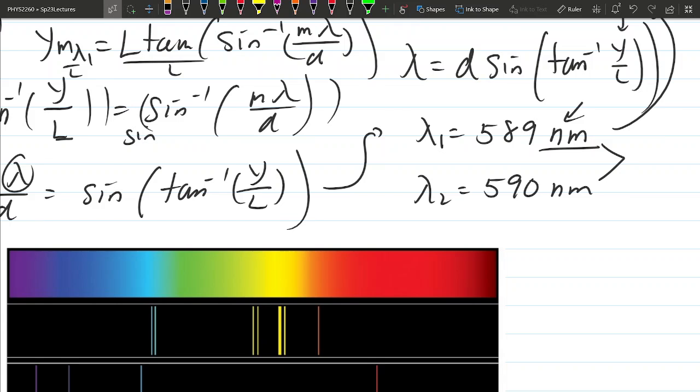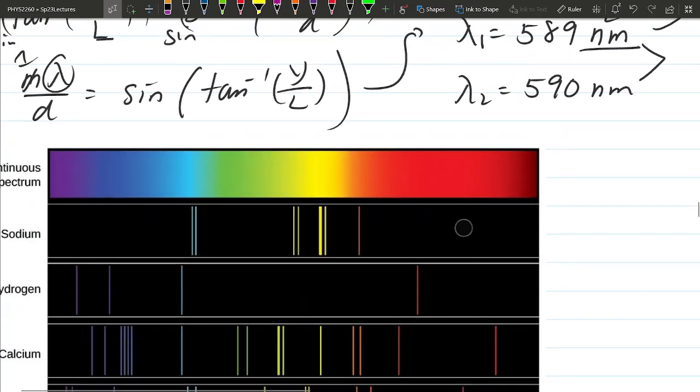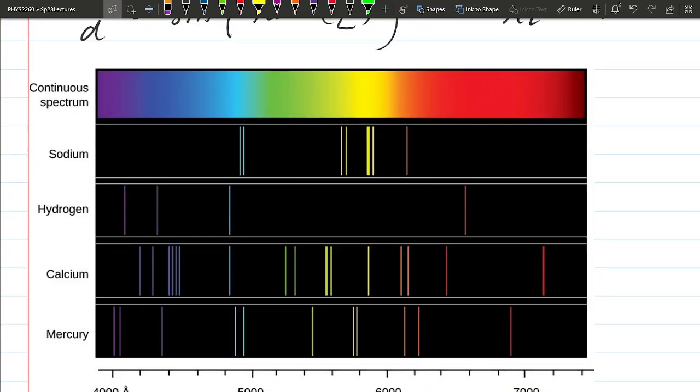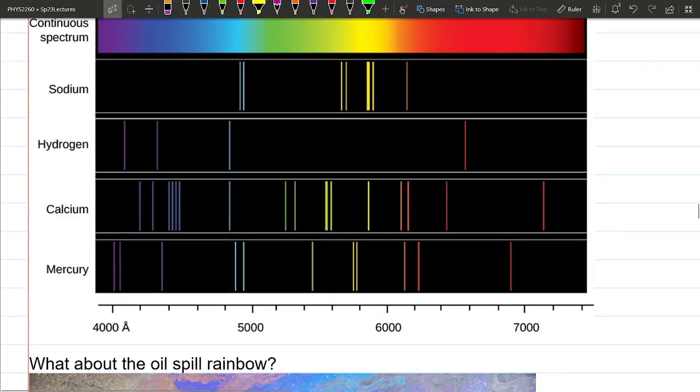So these two wavelengths are actually just 1 nanometer apart. We're actually able to see that by just applying a diffraction grating to it and measuring the difference on the order of a millimeter, okay? In fact, you can actually see this. These are the spectrum of a sodium lamp, right? And the wavelength we were seeing was 590-ish, right?